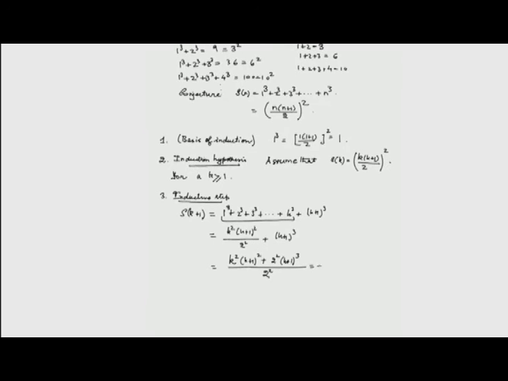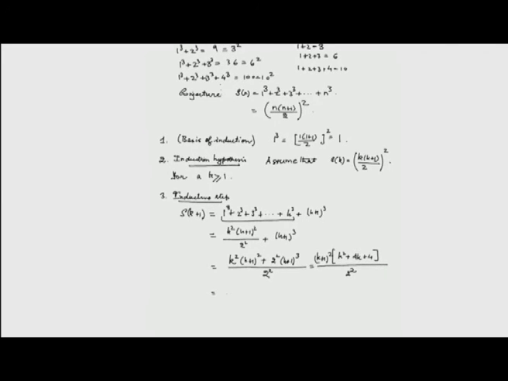This gives us 2 square, and here we will have k plus 1 whole square times k square plus 4k plus 4.